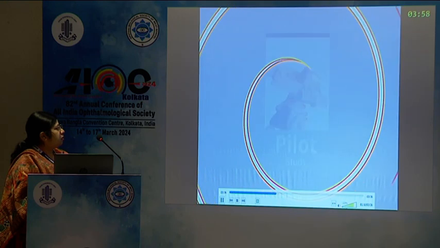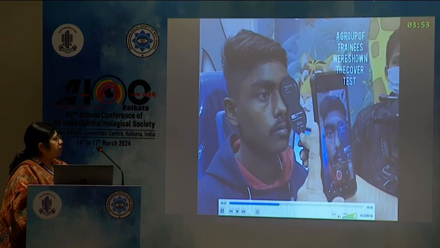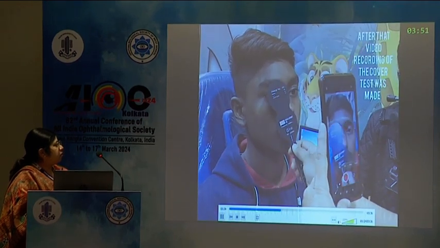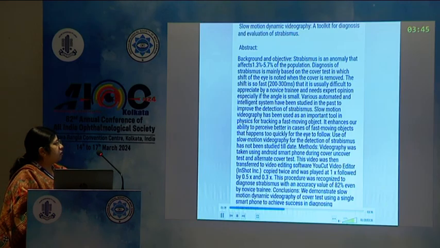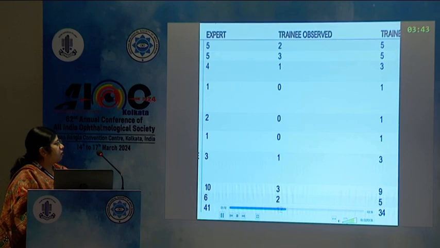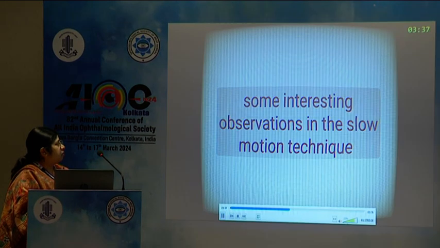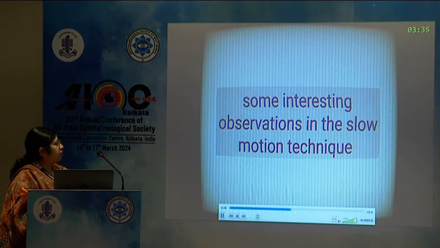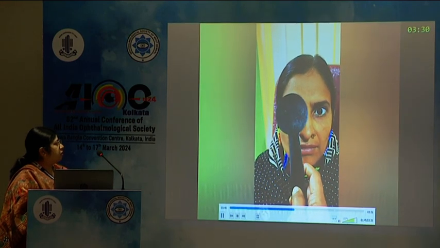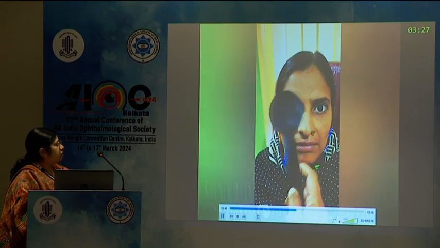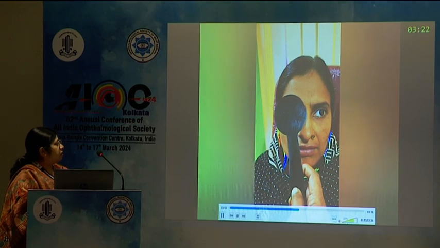We decided to do a pilot study. A group of trainees were shown the cover test. After that, a video recording of the cover test was made, and the recording was then shown to them. They performed better by using this technique. A normal photograph in this case shows left exotropia, but the slow motion shows poor fixation in the left eye and loss of fixation when the cover is removed.